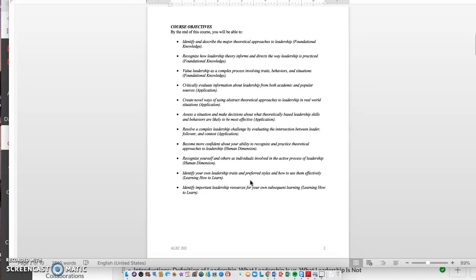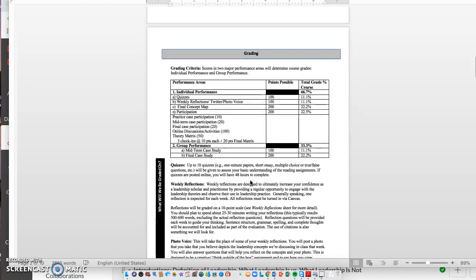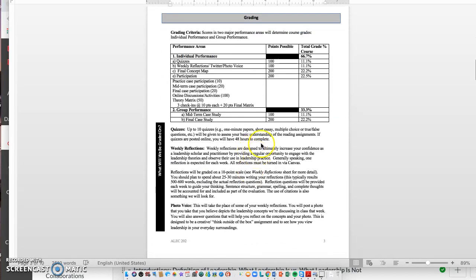So as we break down the course, two thirds of the assignments are individual work and one third is group work. Each week there are readings and videos for you to read and watch, and there'll be quizzes, and then there'll be weekly discussions. Each unit has a reflection at the end of the unit.